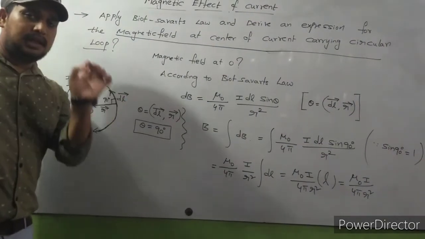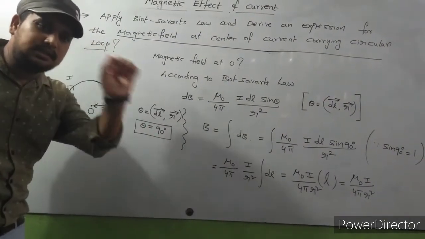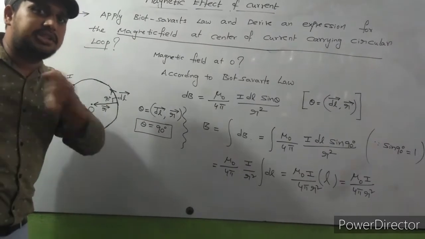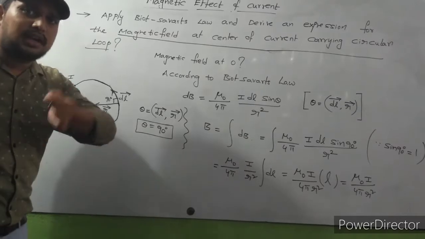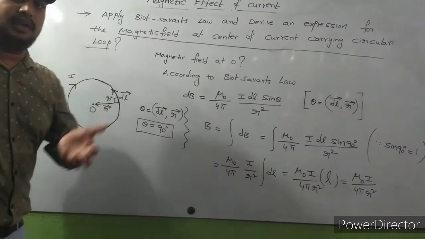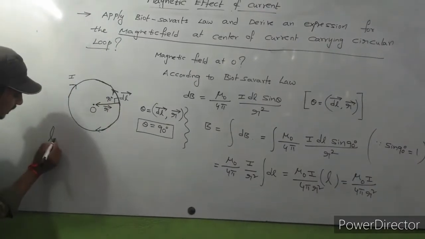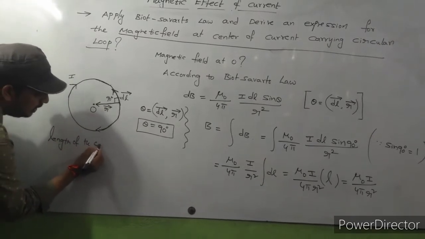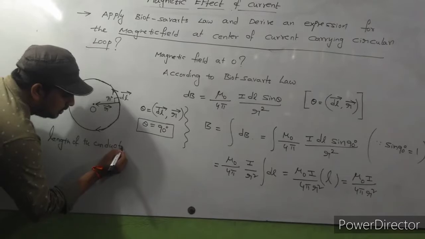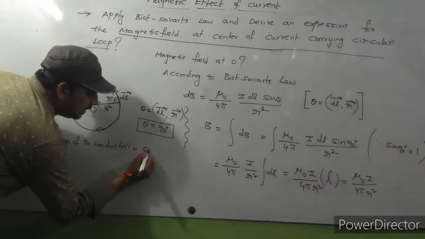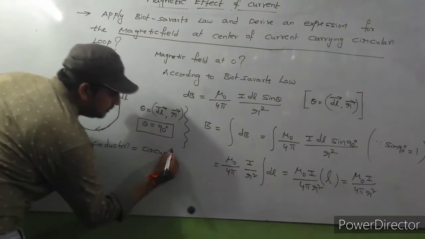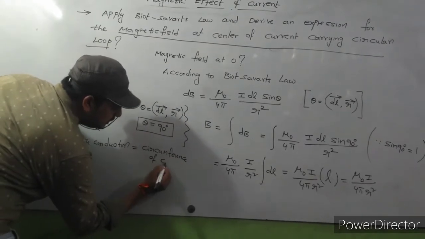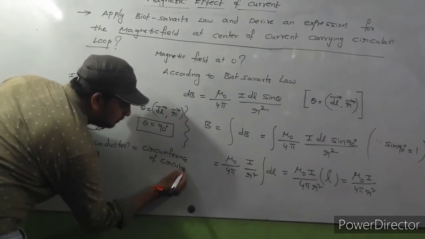Dear students, here the conductor is in circular shape. That means the length of the conductor is equal to the circumference of the circular loop.